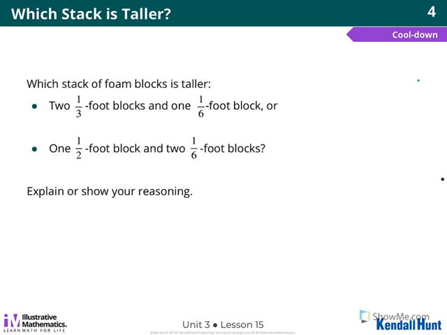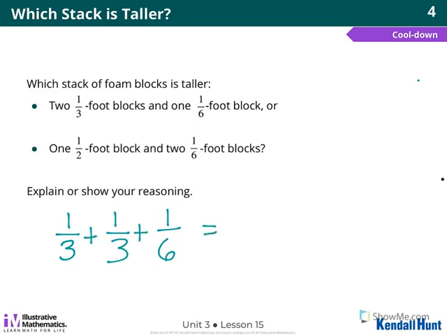Okay, so if I look at the first part, I understand that we have two 1/3 blocks and one 1/6. So I'm going to add those up.